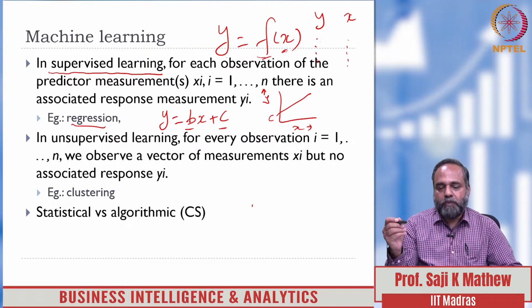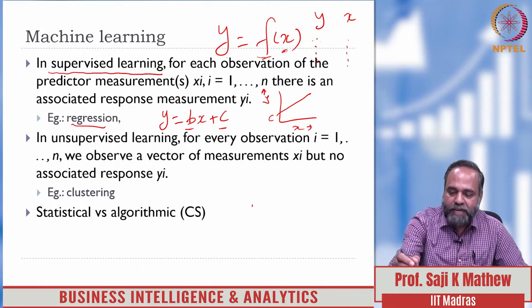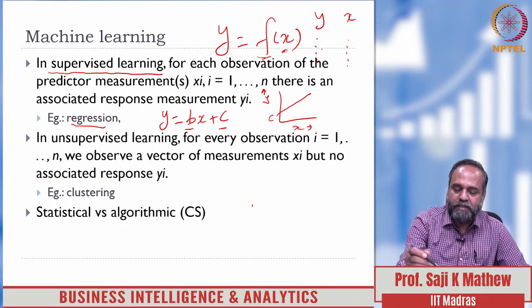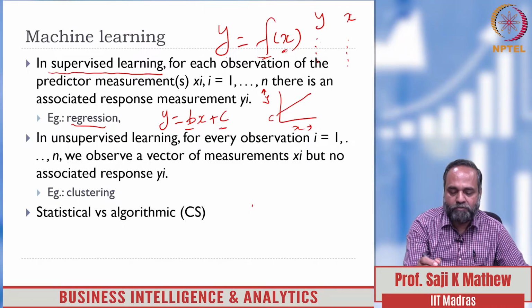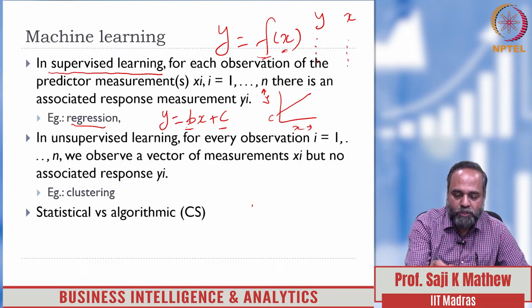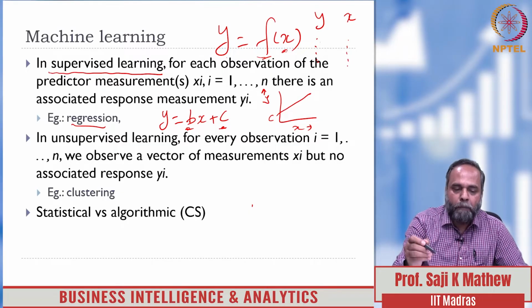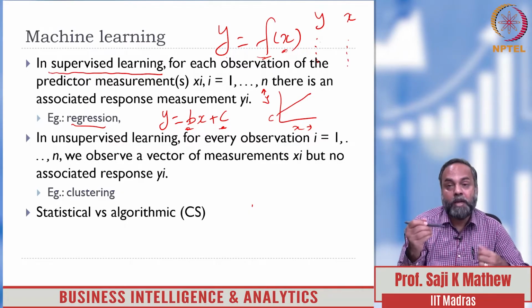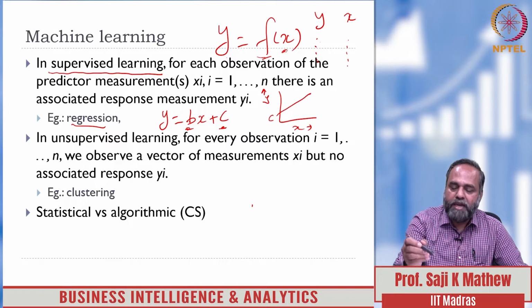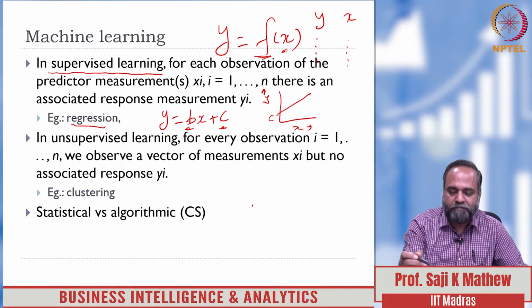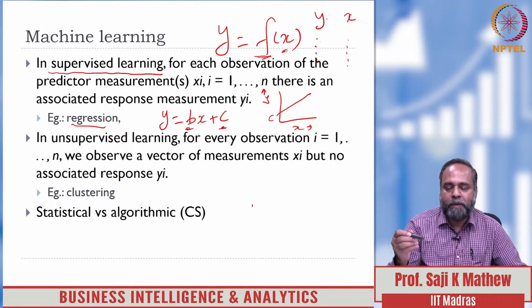Now this is an example of machine learning because we collect x data and y data. The question in front of us is, how do we know the value of b and c? In other words, model building here means discovering the function f from the xy pair data.